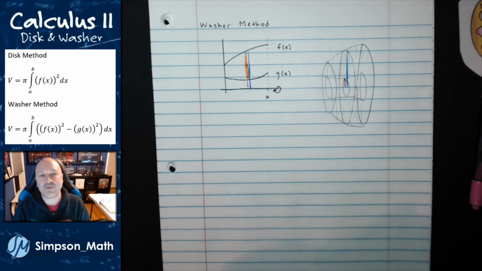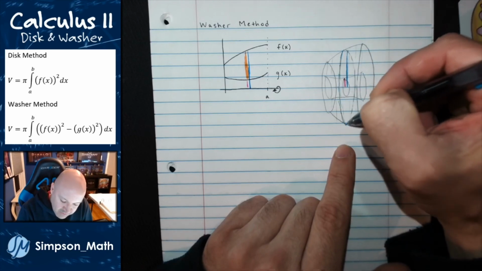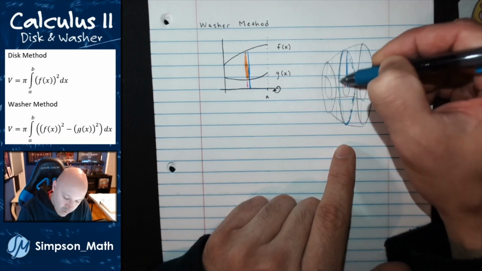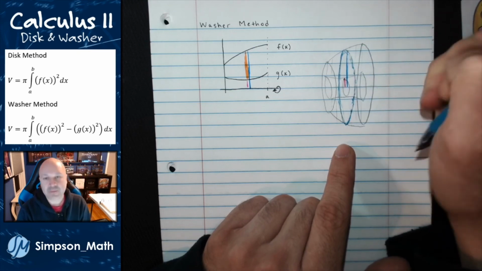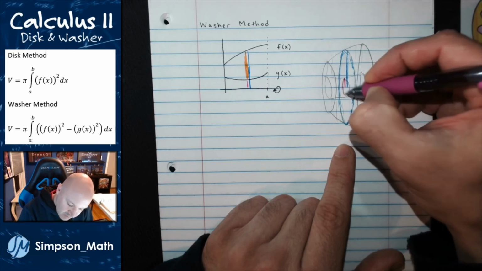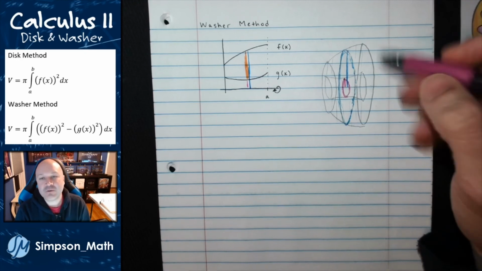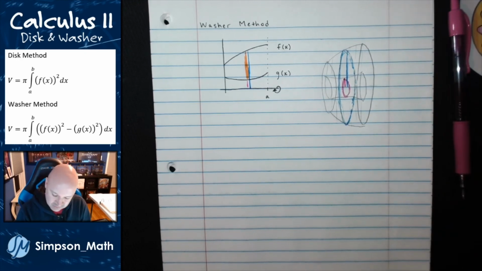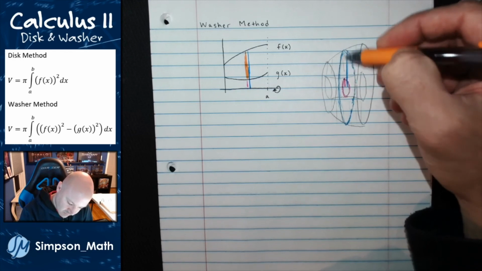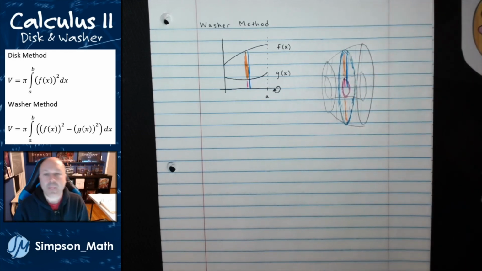I'm going to do the same thing with these solids of revolution. I'm going to calculate the volume of the blue solid of revolution, then calculate the pink solid of revolution, and then subtract. Blue minus pink will give me orange.